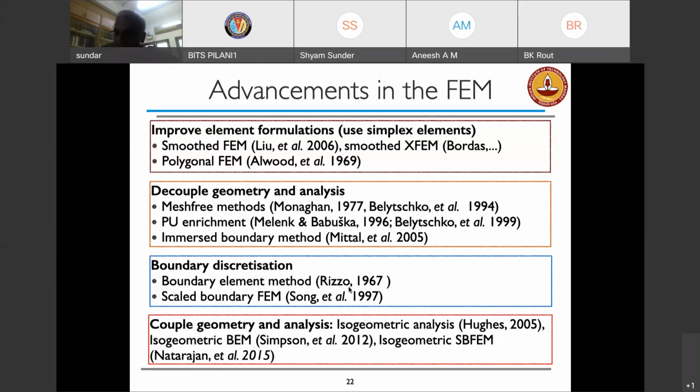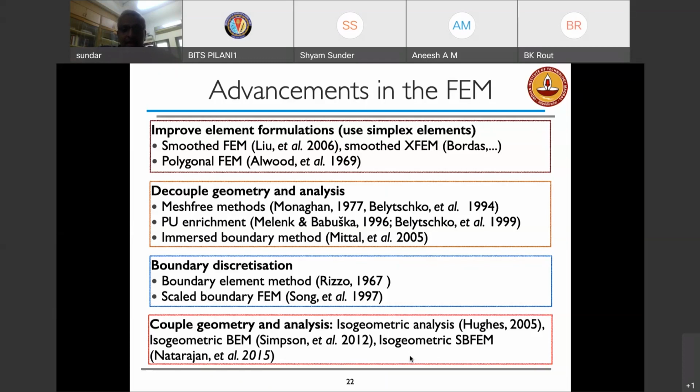Boundary discretization methods, where you have the boundary element method, 1967. Very recently, the scaled boundary finite element method, early 2000s, right? And the smooth finite element method, also in the early 2000s. Isogeometric analysis, where we try to couple the geometry and analysis, introduced by Tom Hughes in 2005.